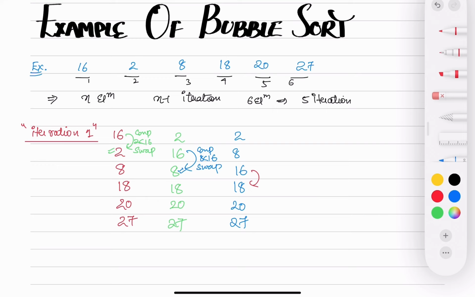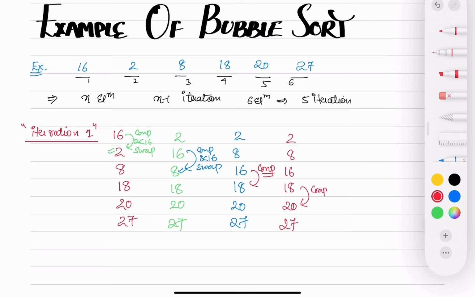So that's the funda. So if you see here, 16 and 18, it is correct. So I don't need to swap here. I will just compare. 16 is less than 18. That is correct. So don't need to swap. So 2, 8, 16, 18, 20, 27. Now 18 and 20, again 18 is at its right position according to 20.